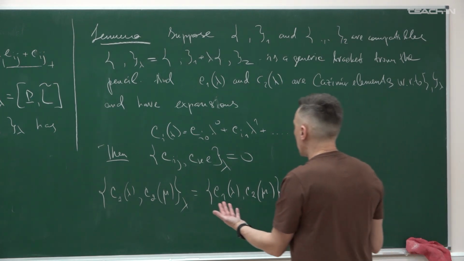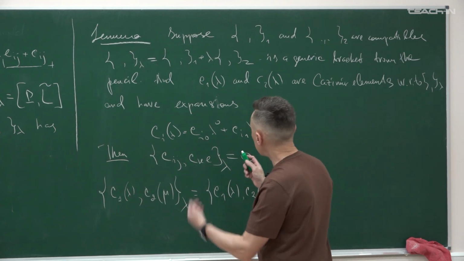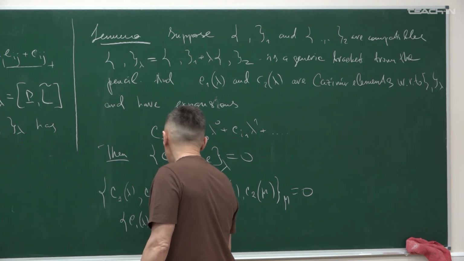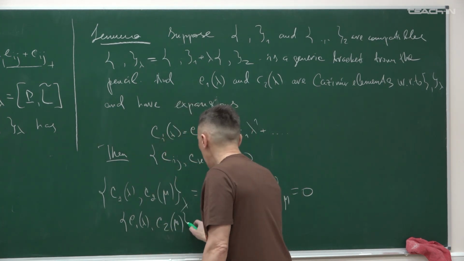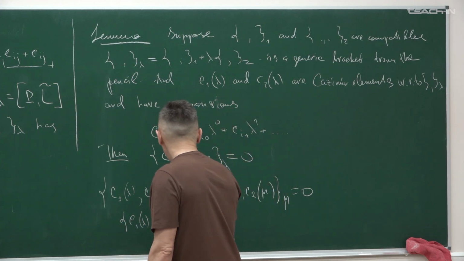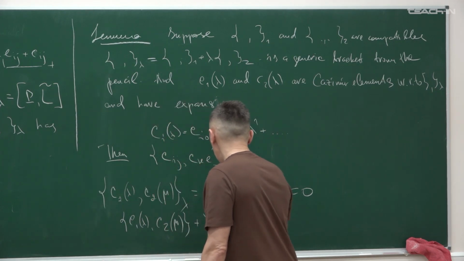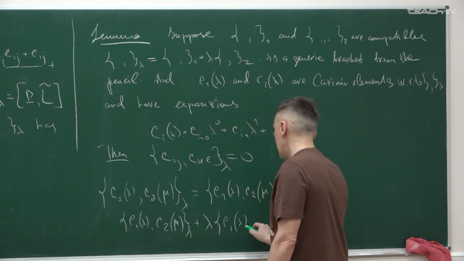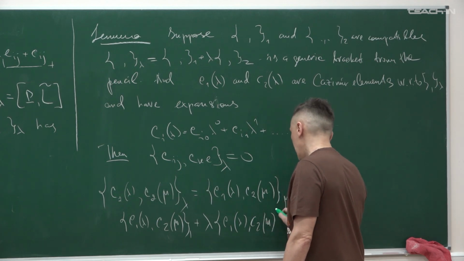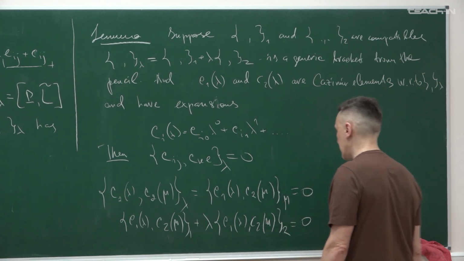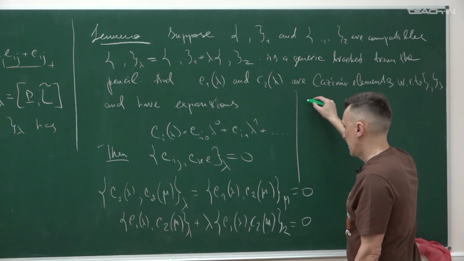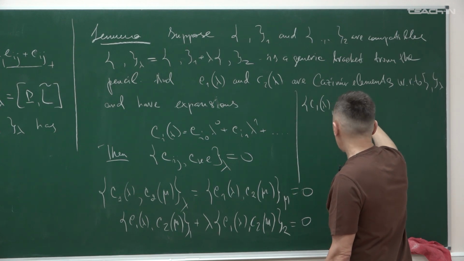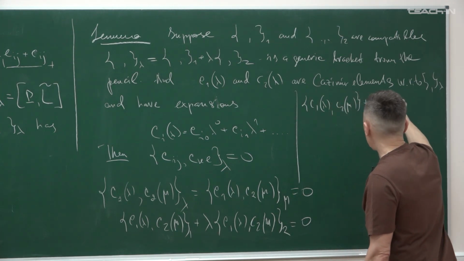But now what we have is that the bracket of C1 lambda, C2 mu, plus lambda, this is bracket 1, of C1 lambda, C2 mu is equal 0. And we also have the bracket 2, plus mu.